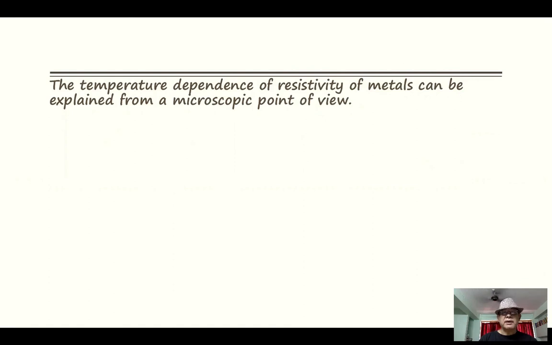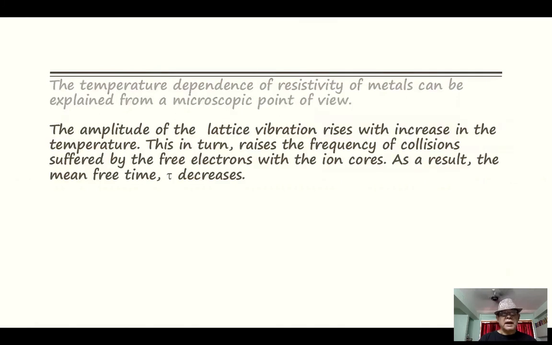The temperature dependence of resistivity of metals can be explained from a microscopic point of view. The amplitude of the lattice vibration rises with increase in temperature. This in turn raises the frequency of collisions suffered by the free electrons with the ion cores. As a result, the mean free time, tau, decreases.